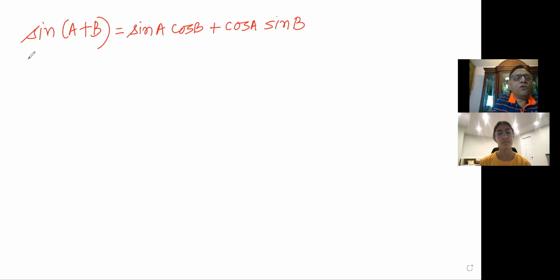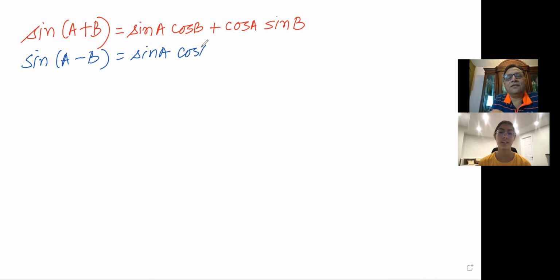Now, tell me, what could be the formula for sine A minus B? Would it be sine A cos B minus cos A sine B? Perfect. You got the very first formula absolutely correct. It makes sense, right?